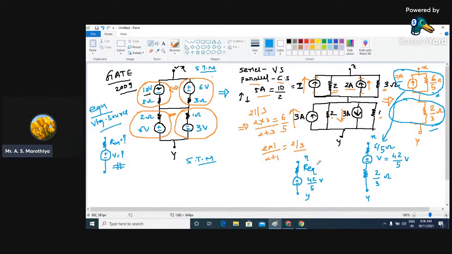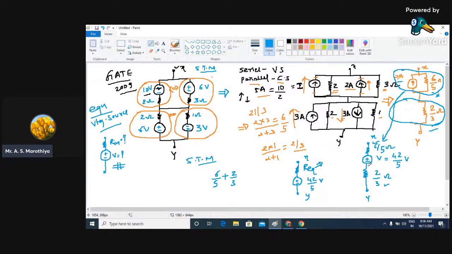Now what will be the value of this R equivalent? It is simply the effective series combination of this resistor followed by this resistor. So I can write here 6 by 5 in series with 2 by 3, because these two resistors are now connected in series configuration.